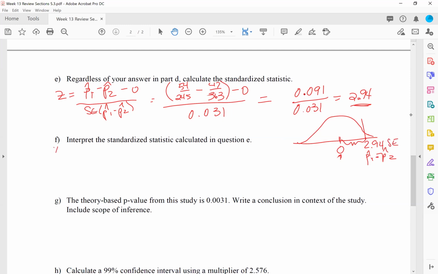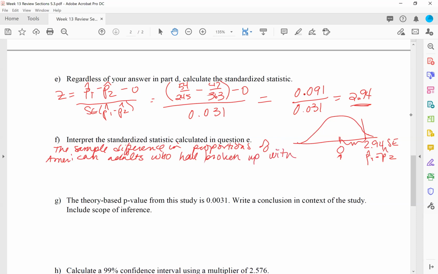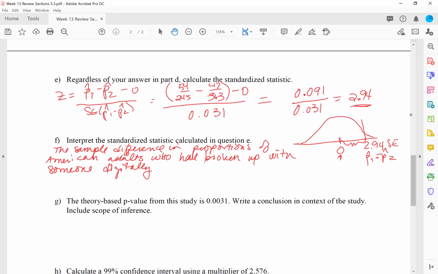Okay, so the sample difference in proportions of American adults who have broken up with someone digitally for ages 18 to 29 and ages 30 to 64 of 0.091 is 2.94.